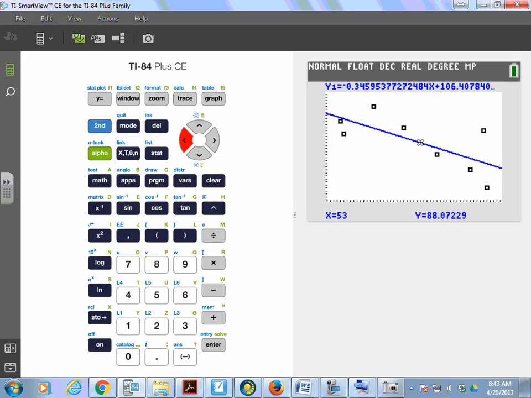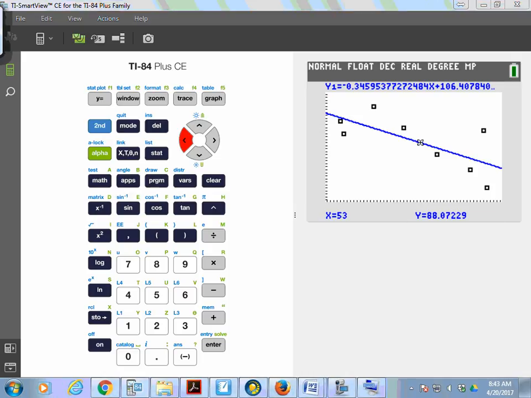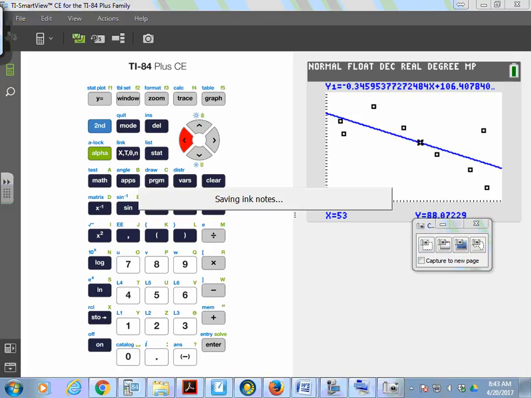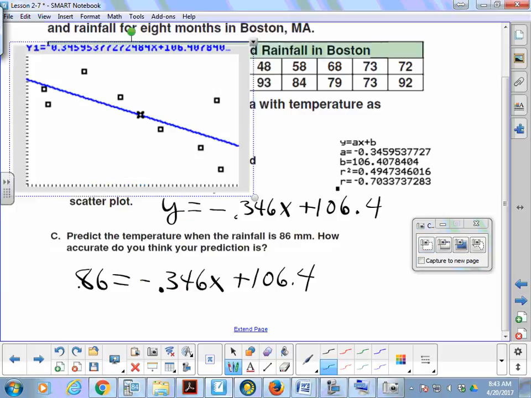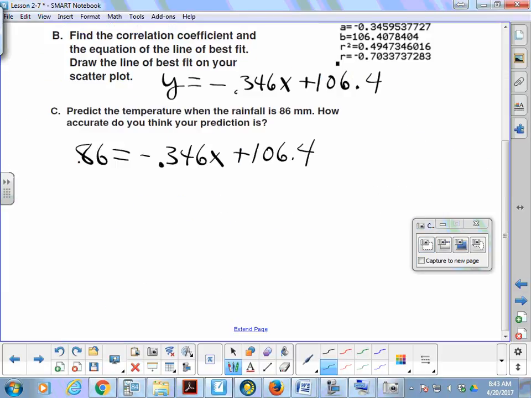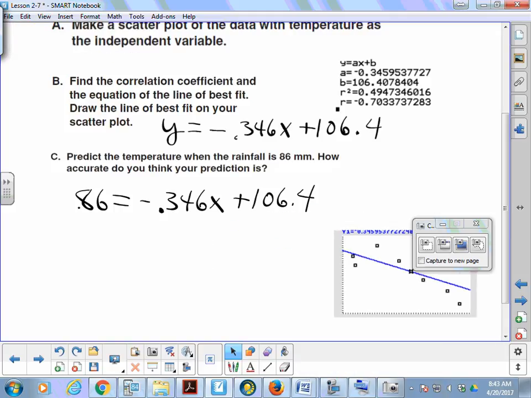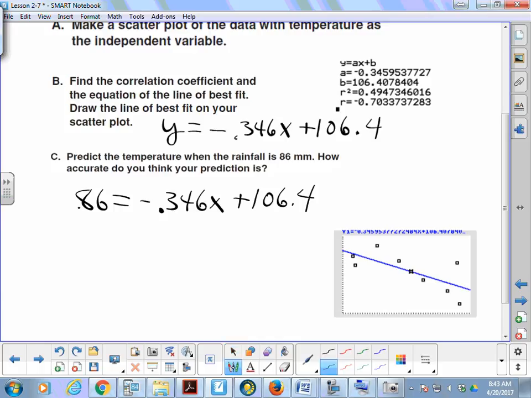So my answer to this question then is x equals 53, y equals 88.